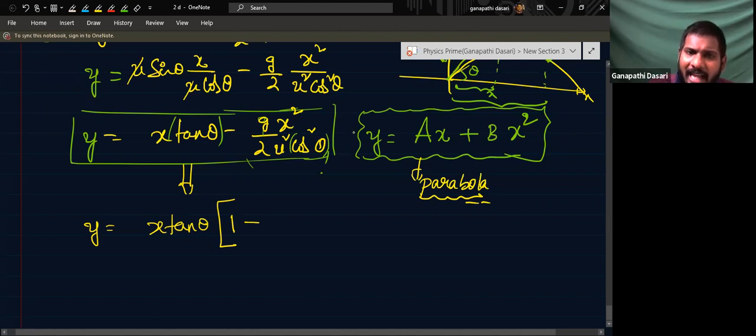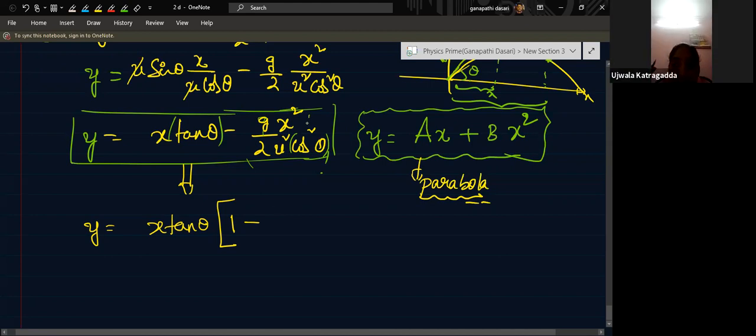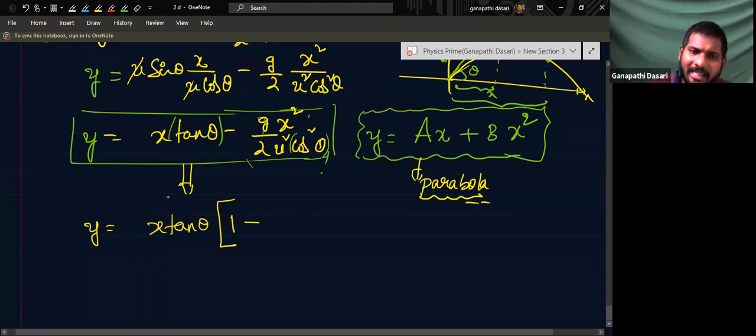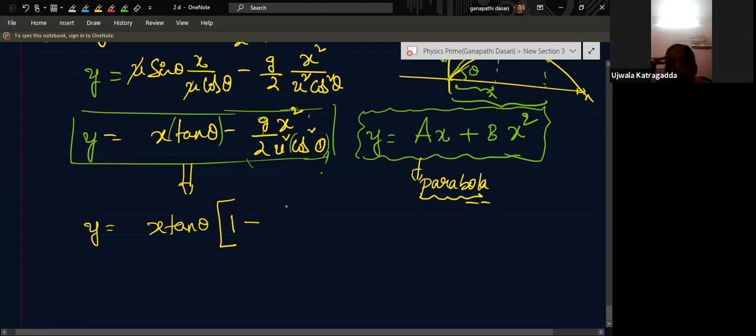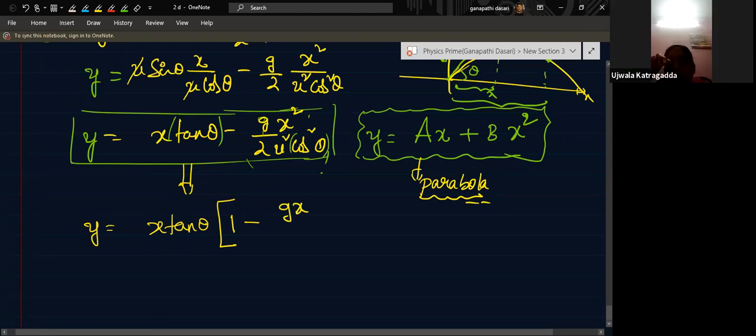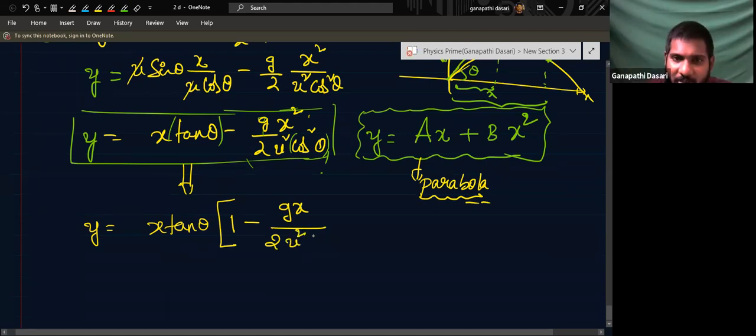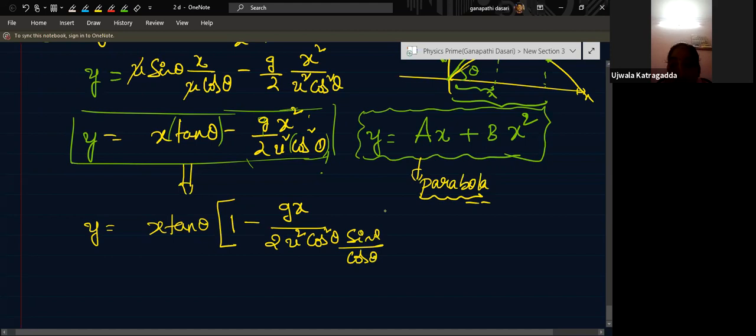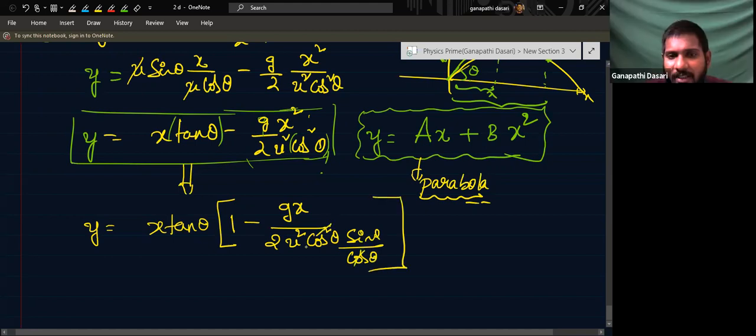The second time I'm multiplying with tan theta, dividing with tan theta, and taking it common: g x square by 2 u square, g x will be there, x by 1 into x 2 is 1, cos square theta into tan theta. Cos square theta into tan theta is nothing but sin theta by cos theta times cos square theta. Sin theta cos theta, sir. Cos theta can be cancelled.